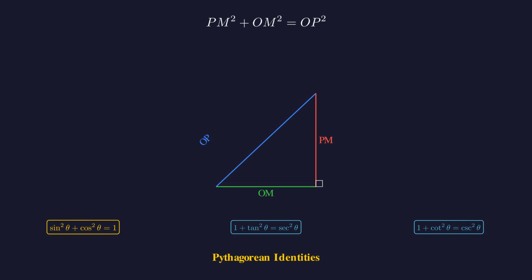One more, divide by MP squared. You get 1 plus (OM over MP) squared equals (OP over MP) squared. That's 1 plus cotangent squared equals cosecant squared. 3 identities, all from the same Pythagorean theorem, just divided 3 different ways.